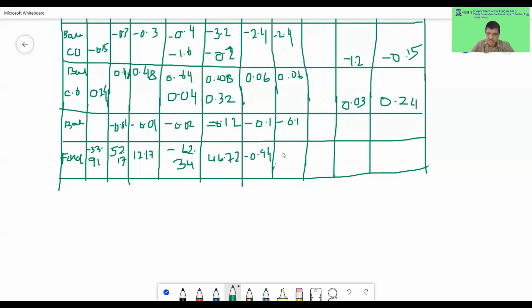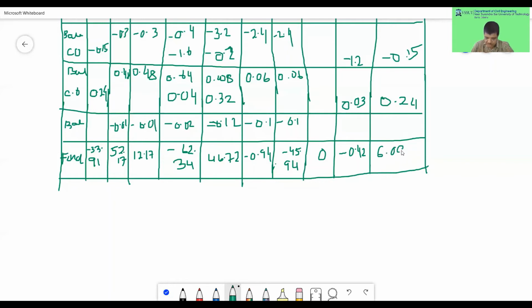This is coming minus 45.94. This is coming 0 here, minus 0.42 here.